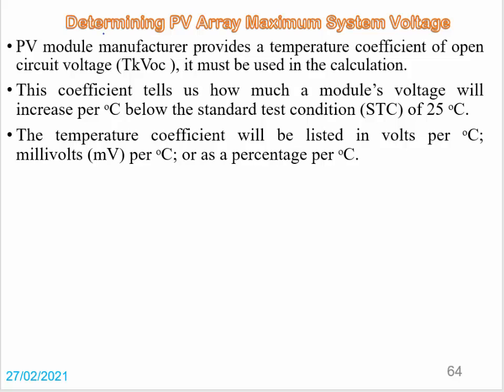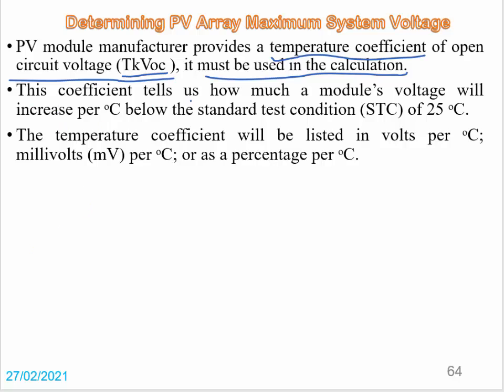The PV module manufacturer provides a temperature coefficient. We have a temperature coefficient of open circuit voltage. This symbol, TK V open circuit, means temperature coefficient of open circuit voltage. It must be used in the calculation. How to calculate the maximum voltage, we are going to see in the next slide.